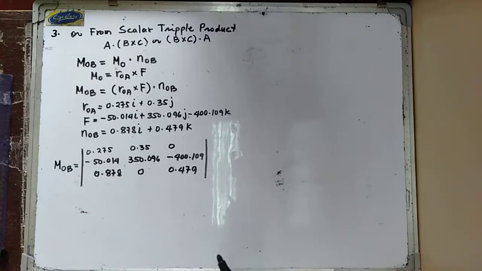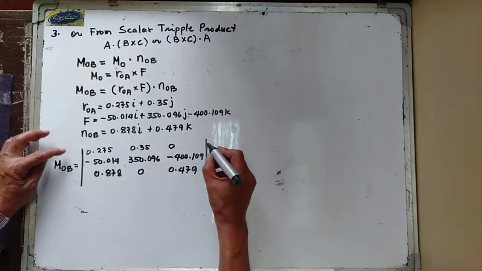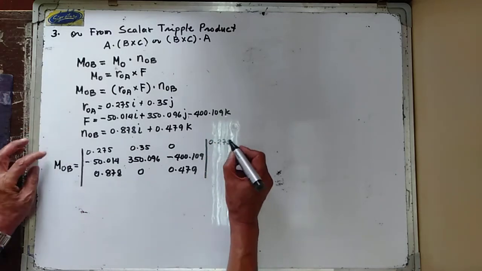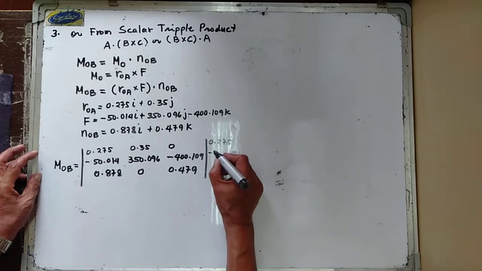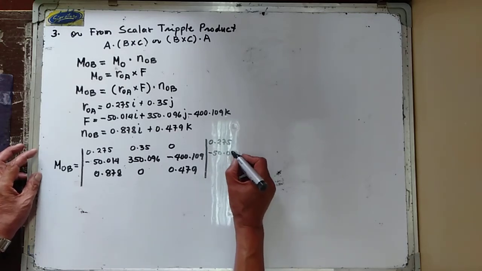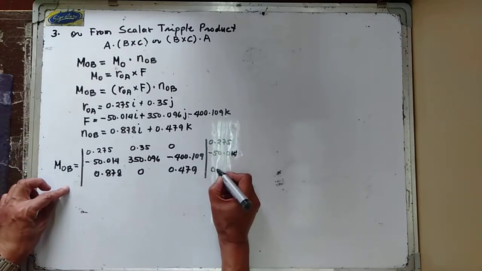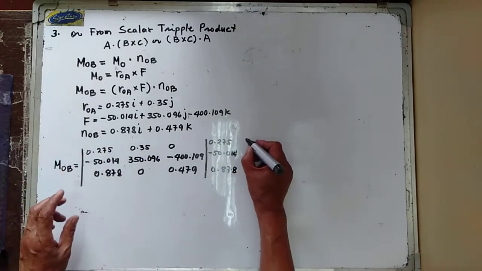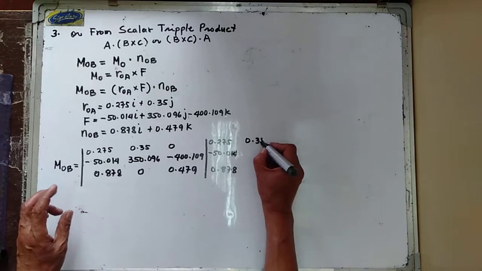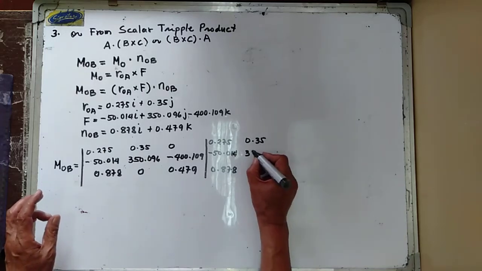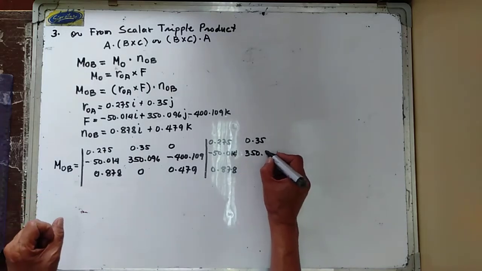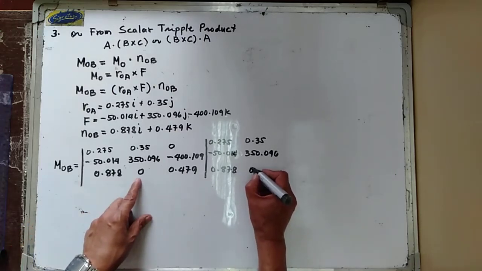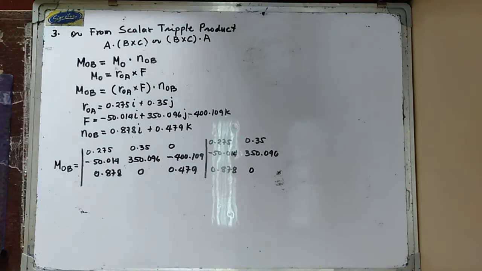Again, we have 0.275 minus 50.014 and 0.878. And then 0.35, we have 350.096, and this one is equal to 0.